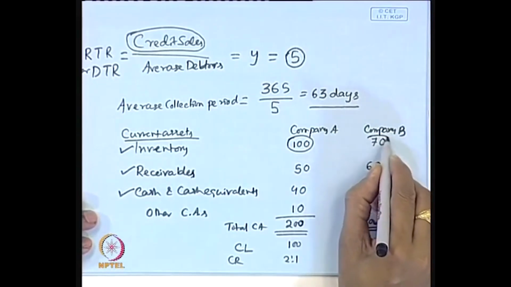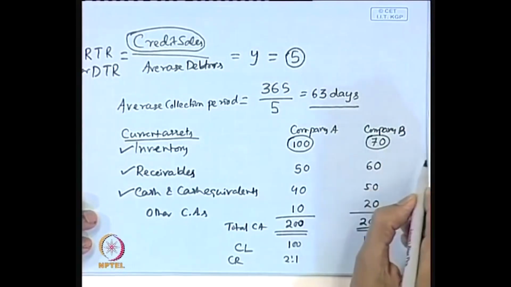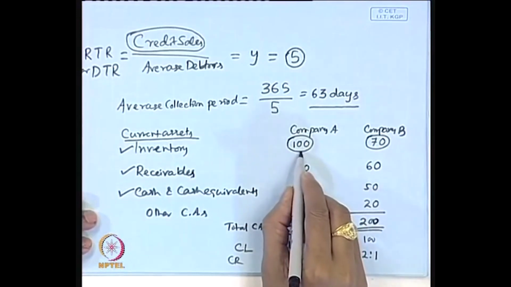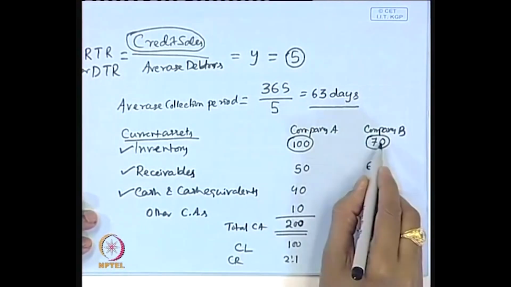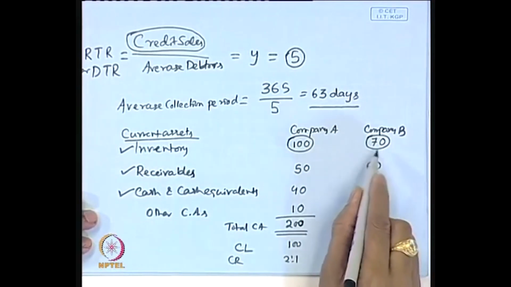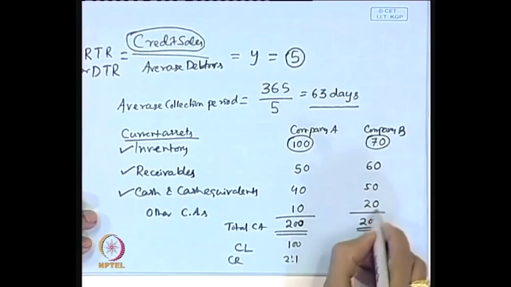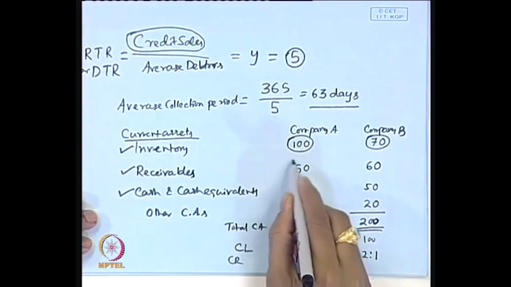Here it is 70, which can also be converted easily, but in this case the inventory amount is quite higher compared to company B, and non inventory current assets are lower in this case.